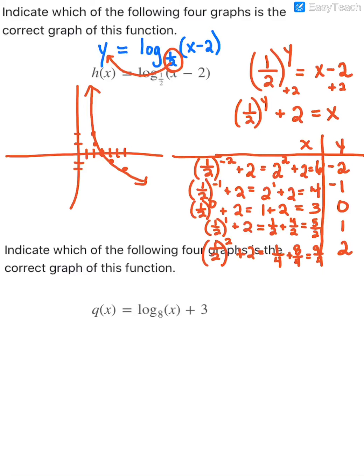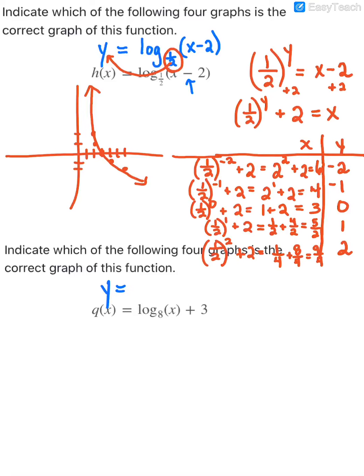I will point out on the last one, you can look at some graph shifting with these. So if we just had the log base 1/2 of x, you would have a graph that got closer and closer to the vertical line of x equals 0. So what the plus 2 did is it shifted it over. So you could also think of the graph shifting. But I'll approach this one with the table as well.